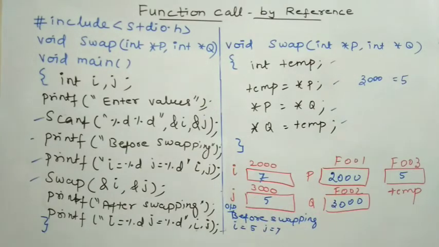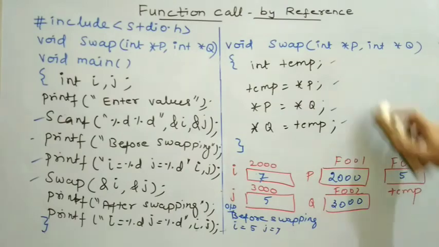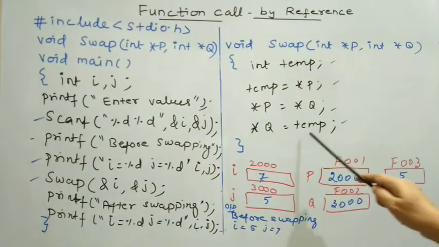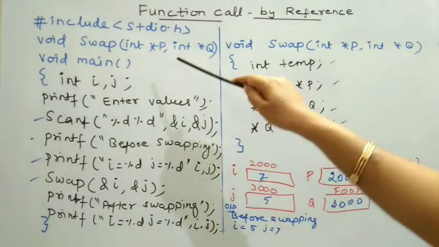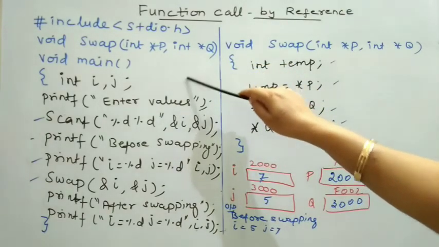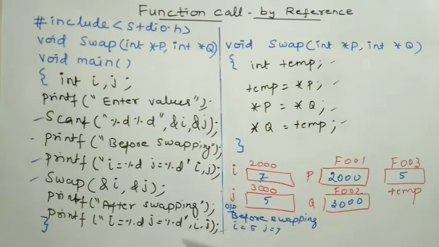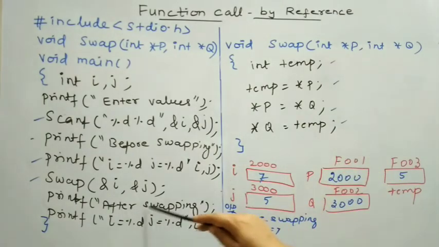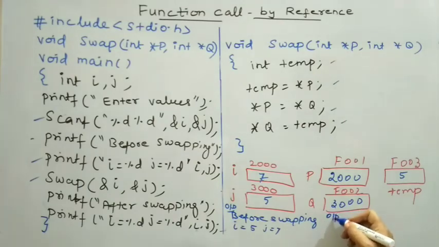Okay. So once I complete executing all the statements inside my swap function, my control will be automatically transferred back to the calling function, that is main, after the function call. So from this swap function, control will be transferred to this printf statement. So now what is my output? That one will be printed.